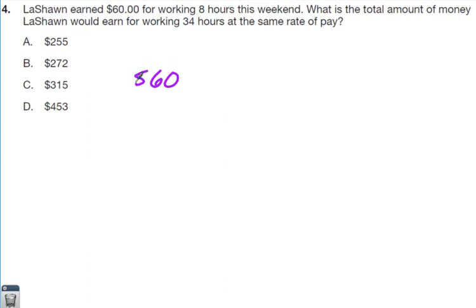So $60 for 8 hours, and we want to know, let's see here, that's unknown. So these rates or slopes, because they're fractions, what value would go here to make these two fractions equal?